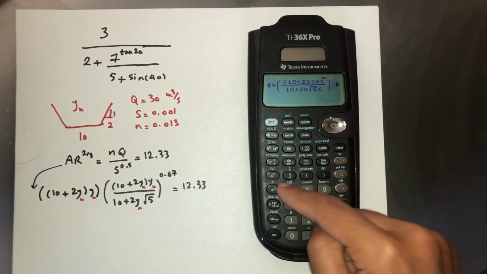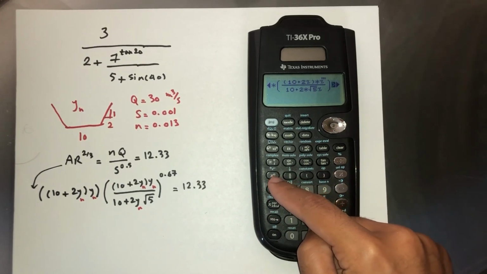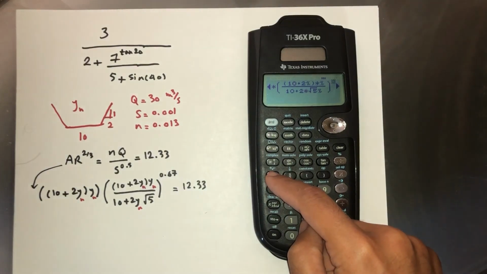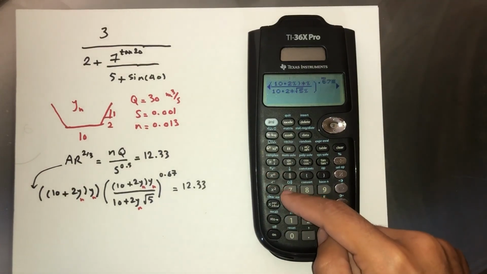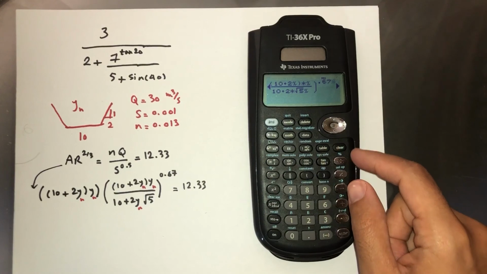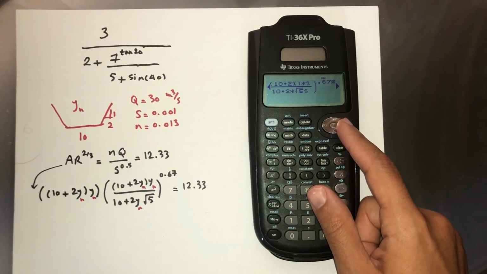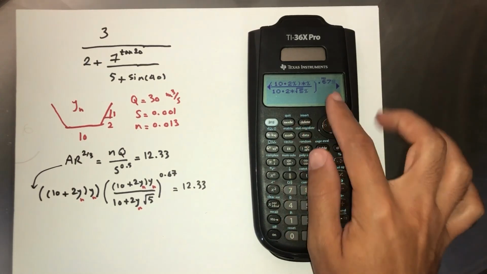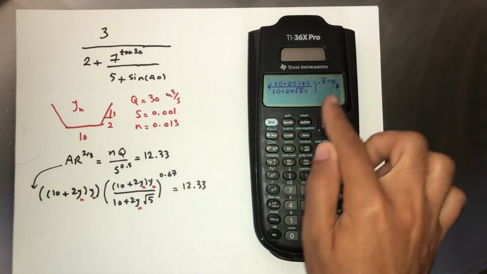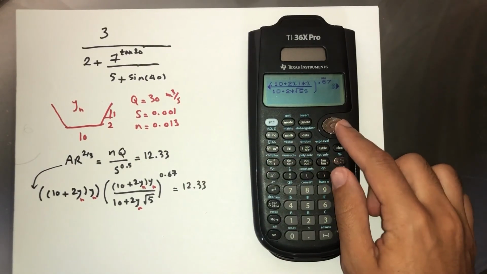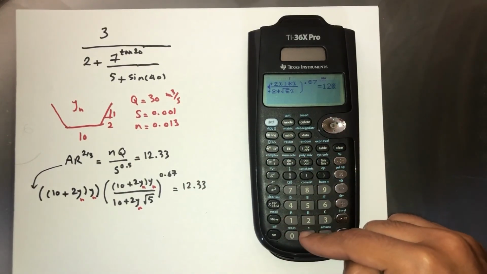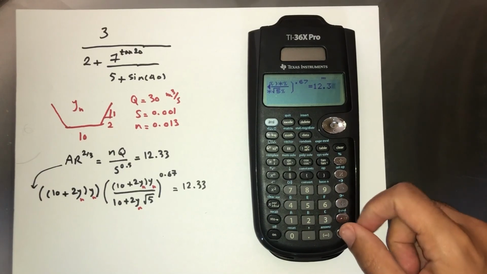I should power it with this tool that I showed you before. Power it to 0.67. No need to use the hat version of the power like the previous generation of calculators. Now everything should show the right way that you have it, so you can quickly check. And we go to the other side, we put 12.33.